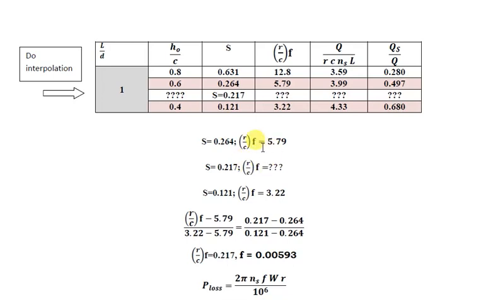Again, the unknown intermediate value, R upon C into F minus upper value, it is 5.79, then lower value minus upper value, so divided by 3.22 minus 5.79, is equal to the corresponding S value, the intermediate value, S is equal to 0.217 minus upper value 0.264, lower value 0.121 minus upper value 0.264, and then we can find R upon C into F, and correspondingly F, the coefficient of friction, can be calculated.